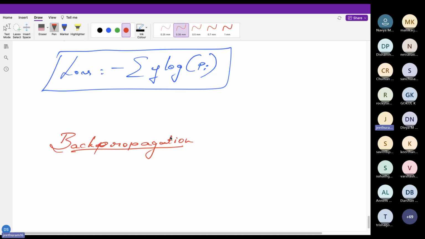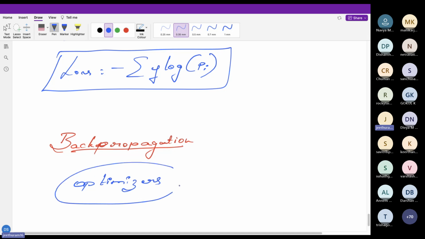Since we go in the opposite direction, updating everything, going backward in the sense we will be finding the gradients. So you have two concepts. One is back propagation, and that could be achieved with the help of optimizers. I want you people to explore on these two.